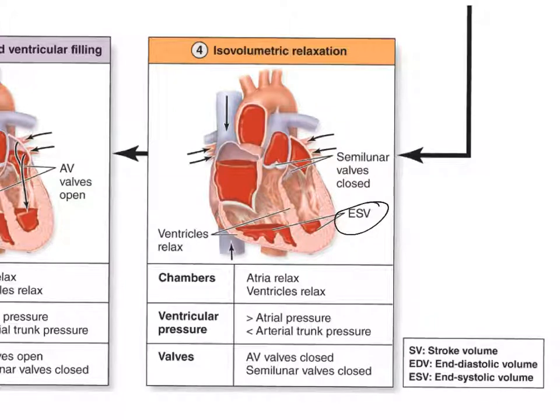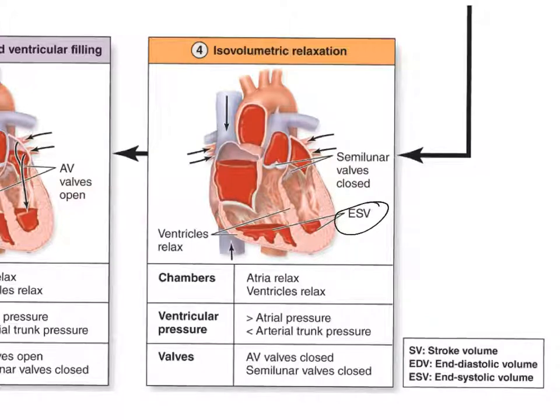Okay? So now pressure has increased after contraction within the ventricles, and the pressure inside the ventricles is now lower. What happened to the volume of blood inside the ventricles? Is it higher or lower than it started, than the step right before this?